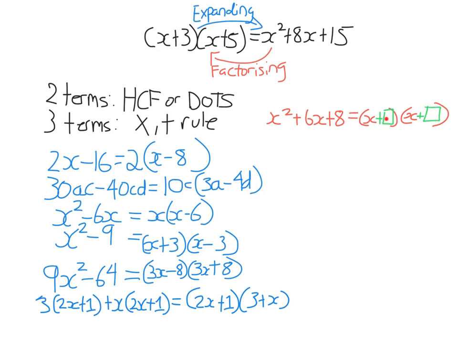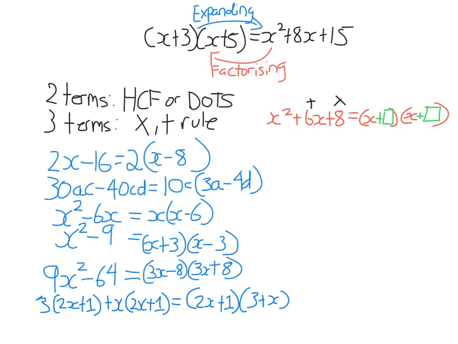So the 2 numbers that go in these boxes are 2 numbers that multiply to the constant term. They multiply to the term that has no x's, and they add to the coefficient of x. That's what I mean by times plus rule. So we need to find 2 numbers that multiply to 8 and add to 6.